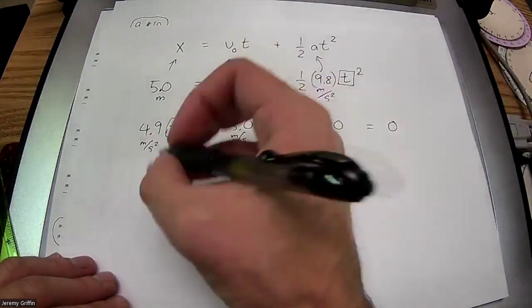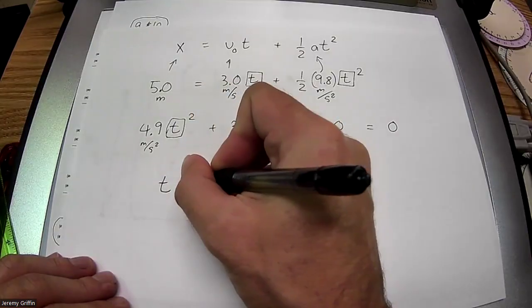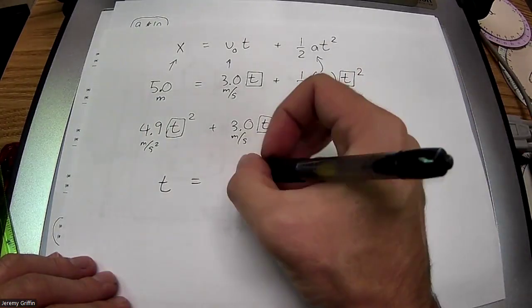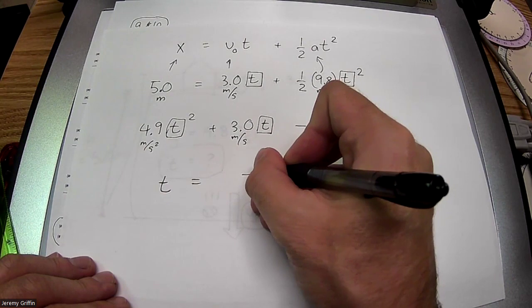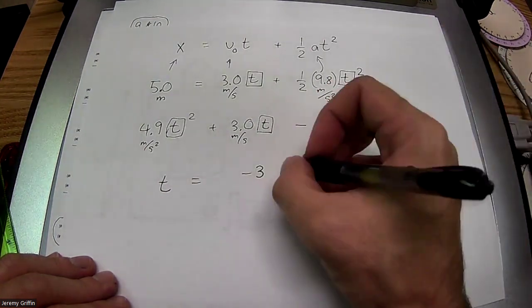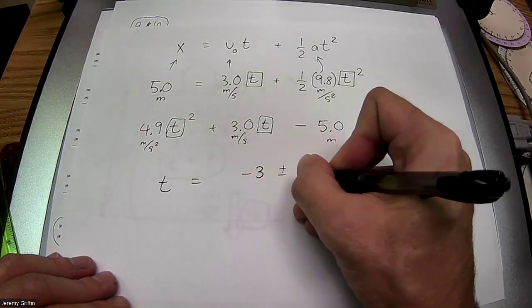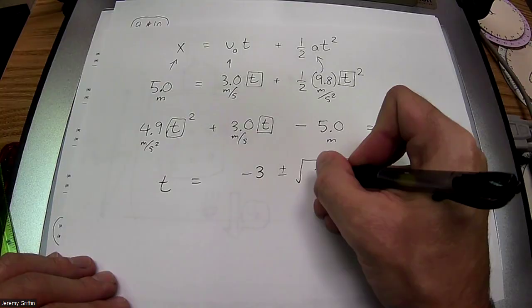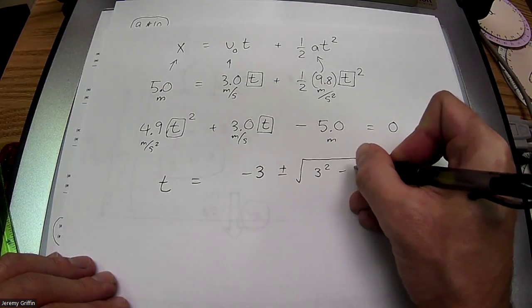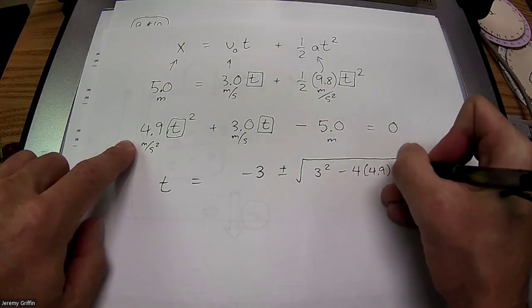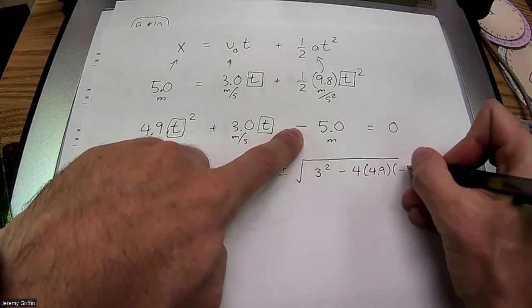All right, so let's do quadratic. T equals, this is like A, B, and C. We got negative B. I'm going to go ahead and drop my units, just to make it look clean with all the numbers. Plus or minus the square root of b squared, so it's like 3 squared, minus 4 times a times c, which is negative itself.